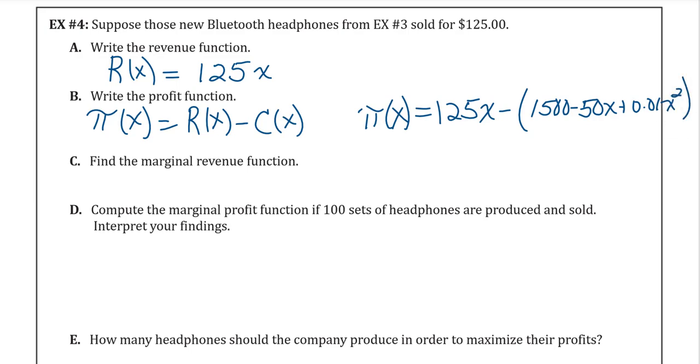So simplifying this, we get a profit function of negative 1500 plus 70x minus 0.01x squared.